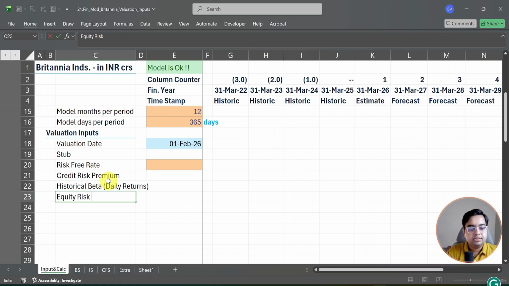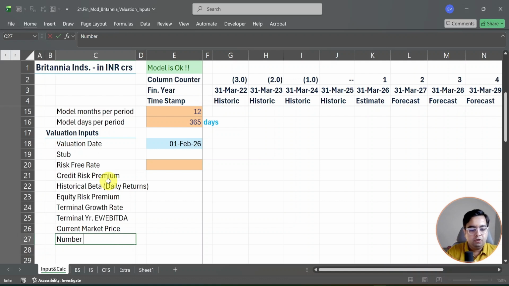Then equity risk premium, terminal growth rate, terminal year EV, enterprise value divided by EBITDA, current market price, number of outstanding shares, and market value of equity.